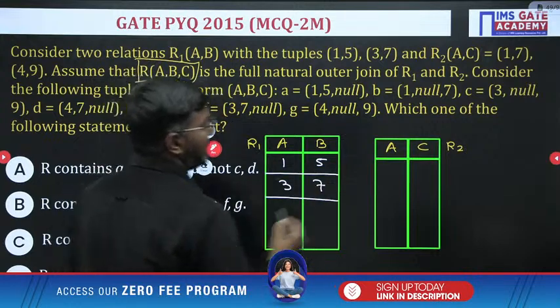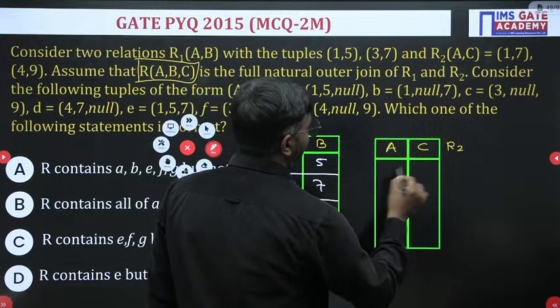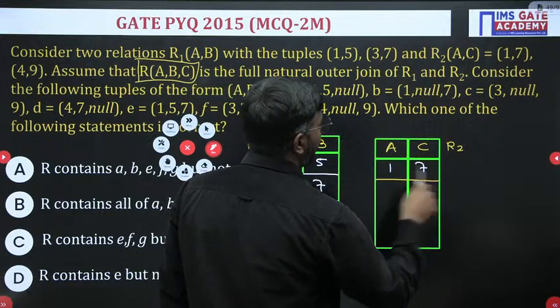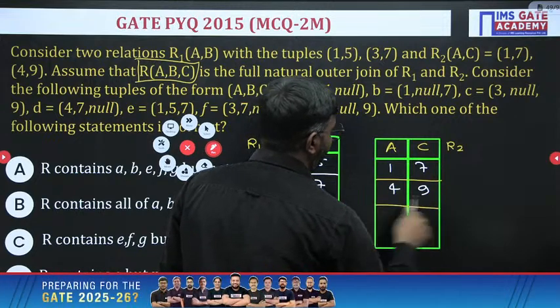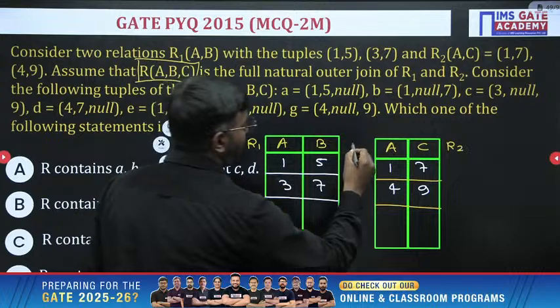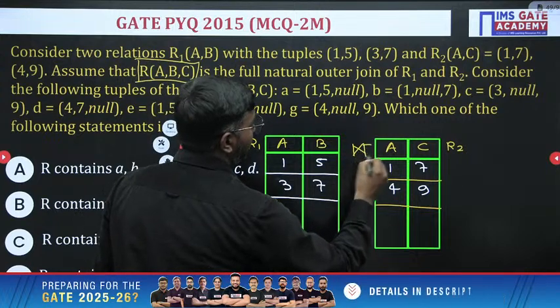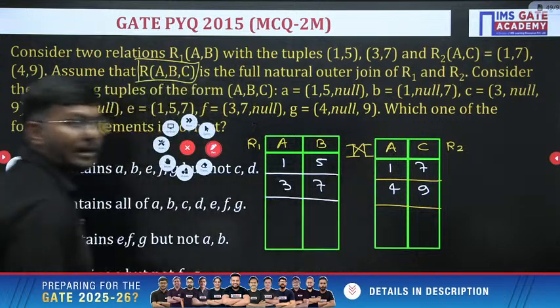In R2 we have 1, 7 and 4, 9, these two records. Now between these two I want to perform the full natural outer join.